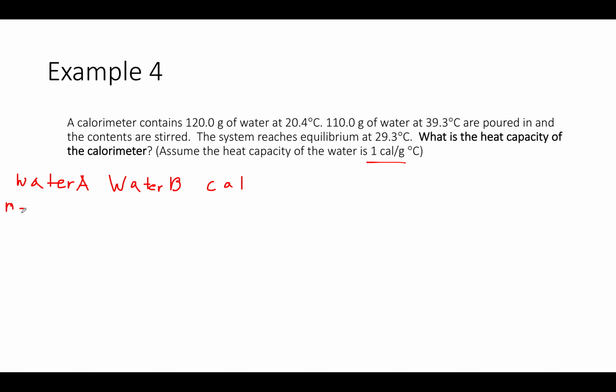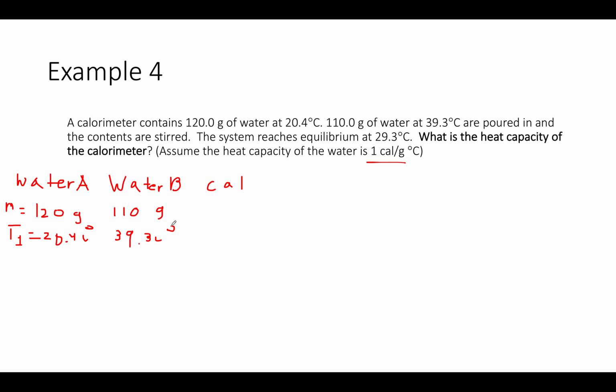The mass of water A, 120 grams. The mass of water B, 110 grams. The initial temperature of water A, 20.4 degrees centigrade. Initial temperature of water B, 39.3 degrees centigrade.